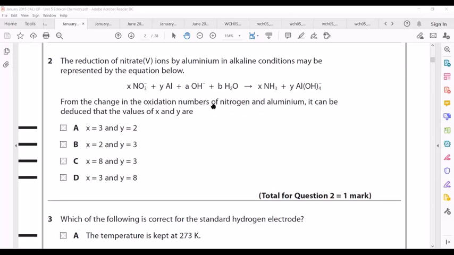From the change in oxidation number of nitrogen and aluminium, it can be deduced that the values of X and Y. What could be the answer for this? You can take your time to calculate.